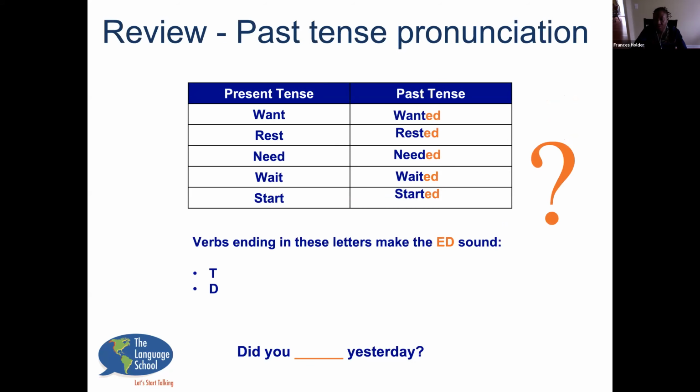Other than that, you don't pronounce the ED as a separate syllable. You might pronounce it as a different letter. Sometimes you pronounce it like a D, sometimes you pronounce it like a T, but only if there's a T or a D at the end of the verb do you pronounce it as a completely separate syllable.